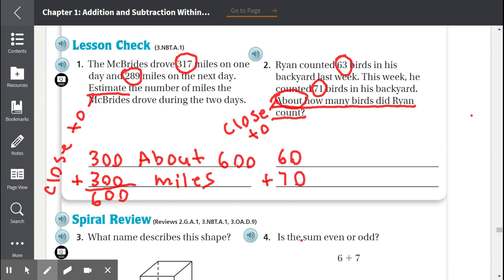We're going to add to get both days. So 0 plus 0 is 0. 6 plus 7 is 13. There were 2 days. So 60 plus 70 equals 130. So our answer is about 130 birds.